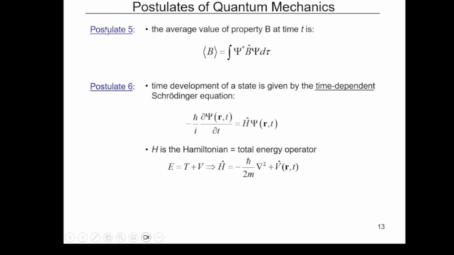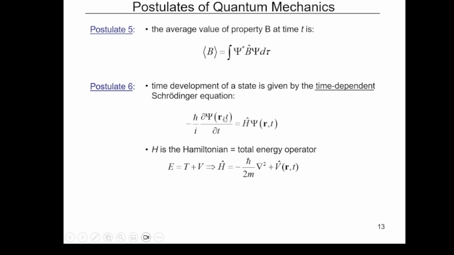Now, the fifth postulate says that the average value of property B at time t is equal to this one. So the average property is the integration of conjugate wave function, operator, wave function, d tau. The last postulate here is that the time development of a state is given by the time-dependent Schrödinger equation.